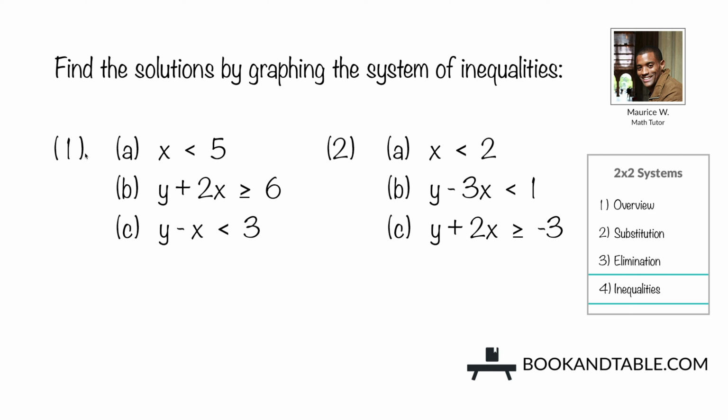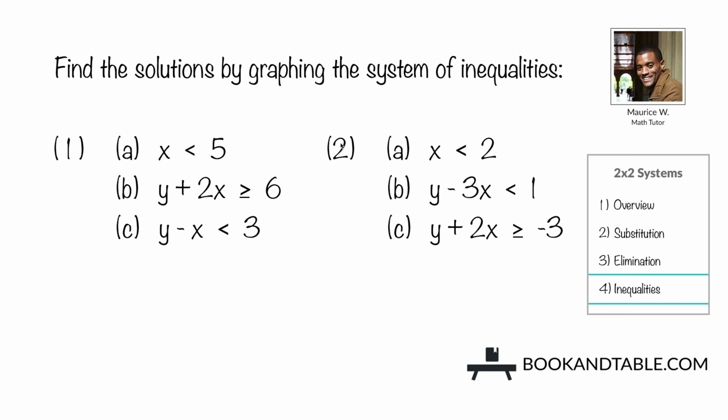Find the solutions by graphing the system of inequalities. Question number 1, inequality A, x is less than 5. Inequality B, y plus 2x is greater than or equal to 6. Inequality C, y minus x is less than 3.